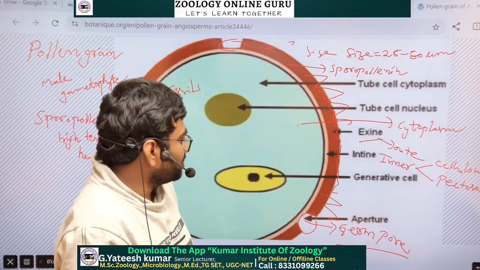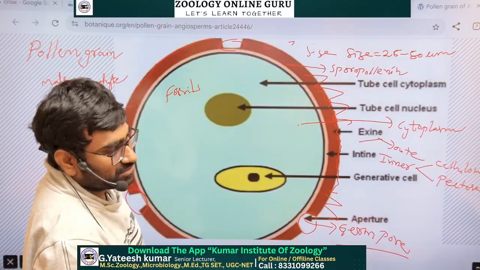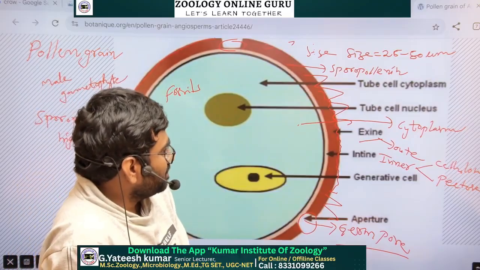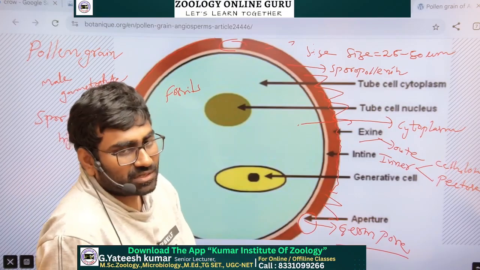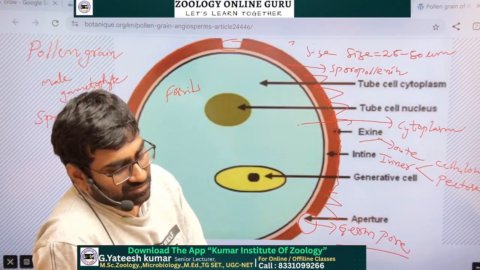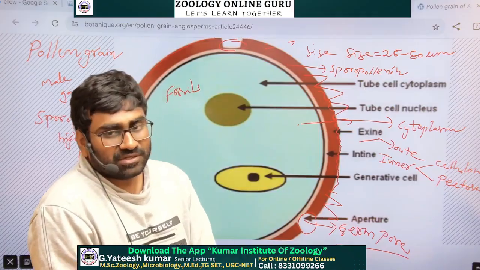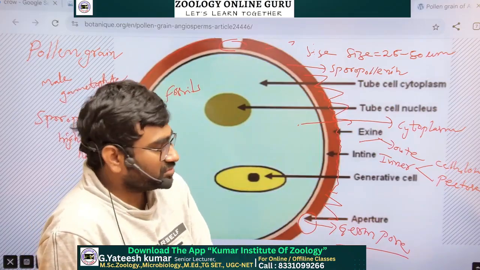So we had talked about how this matured pollen grain is developed. From the microspore mother cell, initially haploid microspores are formed. Four haploid microspores are formed, and each is a potential, immature pollen grain.